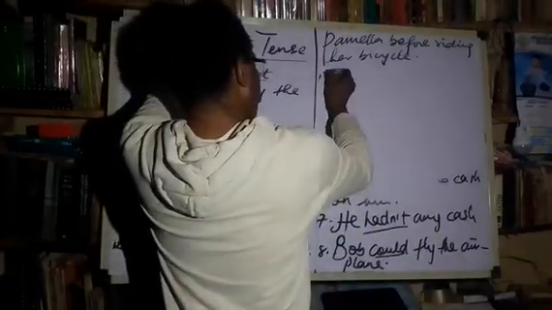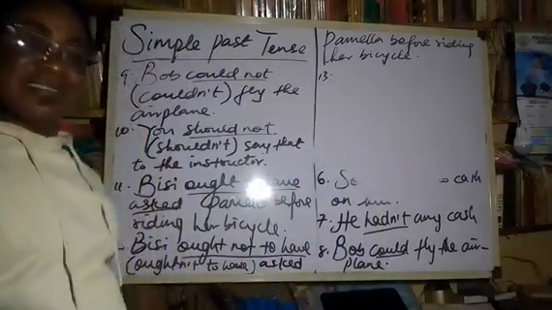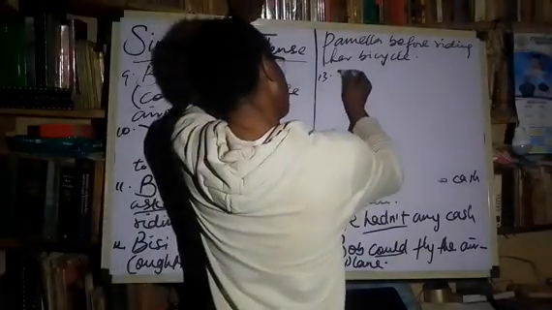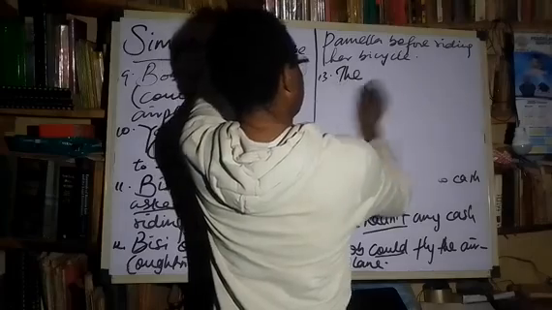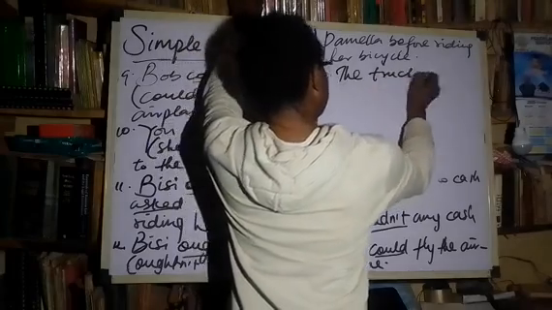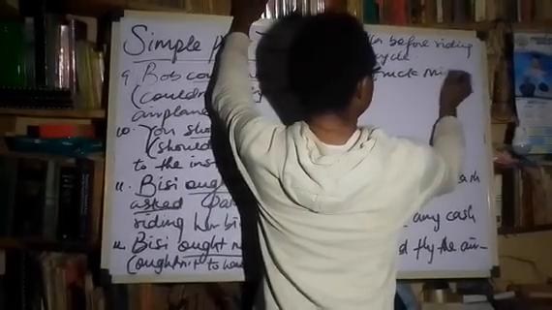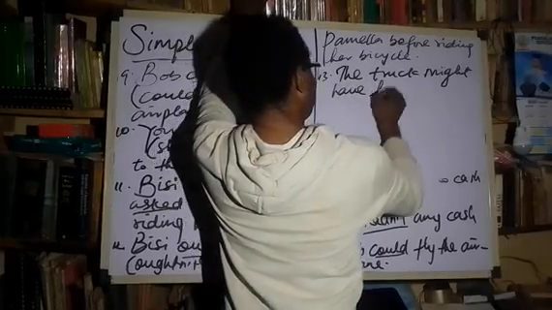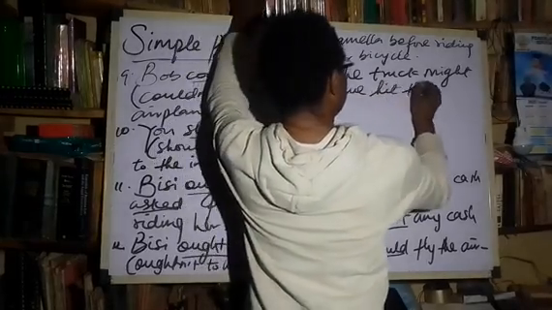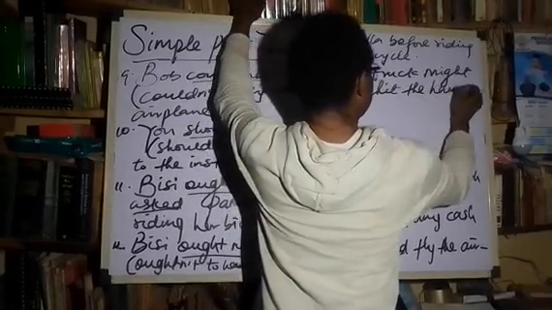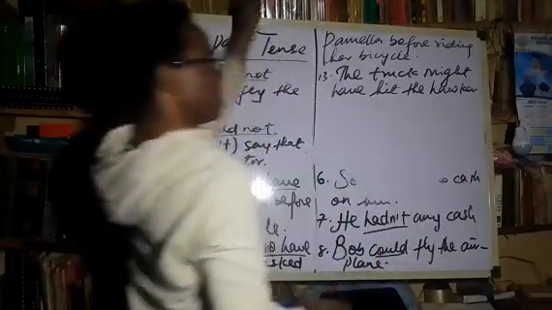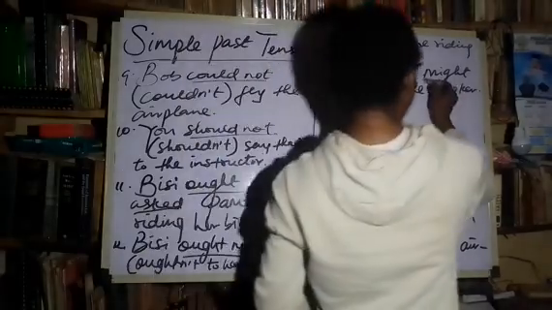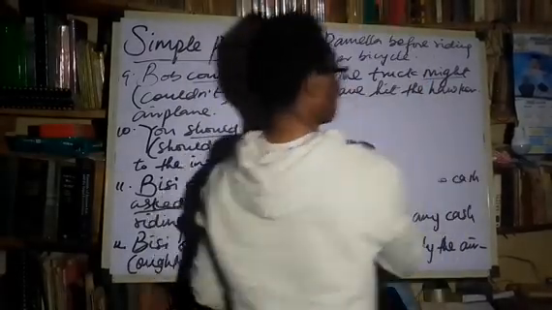Let us take another sentence. This time, 13. It says the truck might have hit the hawker. Might have hit.